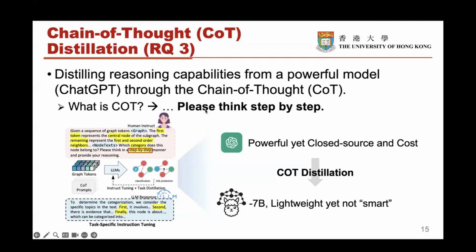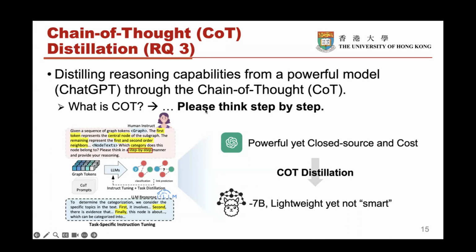So you may ask, what is chain of thought? In our case, chain of thought is simply adding the phrase "think step by step" after your original prompt. ChatGPT is very powerful, yet closed source and may cost a lot of money.